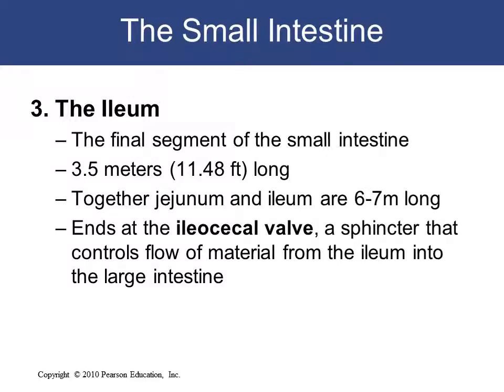The ileum lies in the right lower quadrant, while the jejunum lies in the left upper quadrant. And there is an ileocecal valve at the ileocecal junction where the ileum joins the cecum, which is a sphincter that controls the flow of material from the ileum into the large intestine.